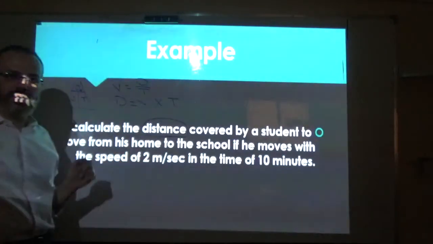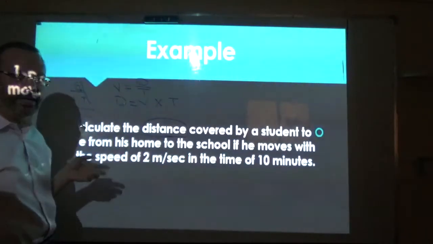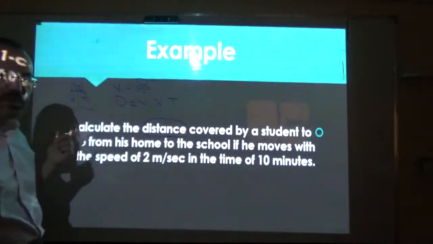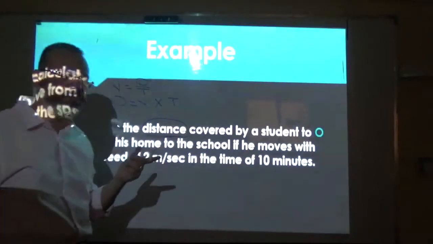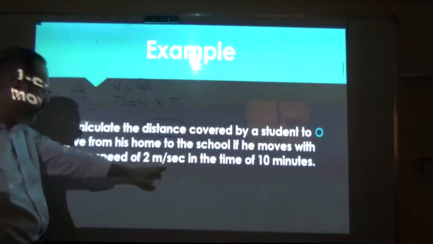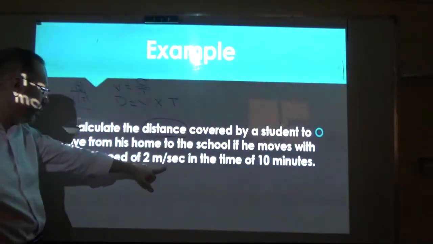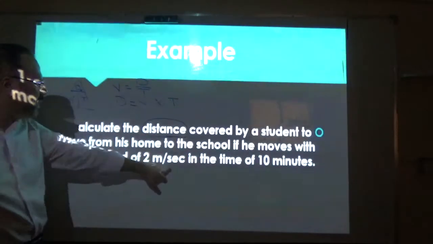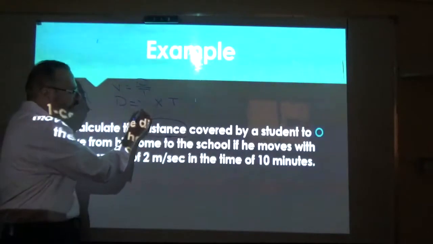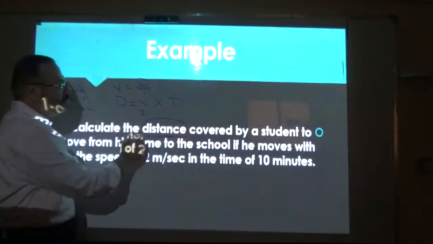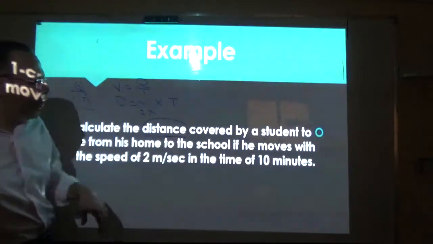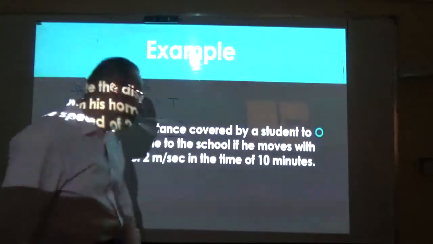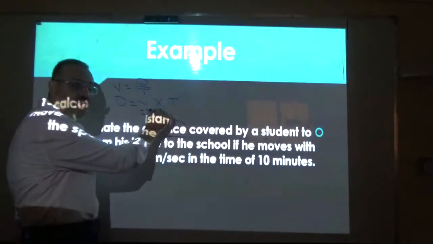Where is the speed in this problem? We can know the speed from the unit. We know that the measuring unit is meter per second or kilometer per hour. Where is the unit? Yes, this, meter per second. So the speed of 2 meters per second, V equals 2, multiply time. What is the time? The time is 10 minutes. So can we write here 10?